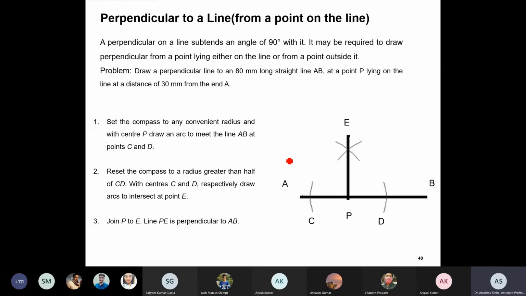Now let us look at drawing a perpendicular. Okay, so we'll have a straight line.